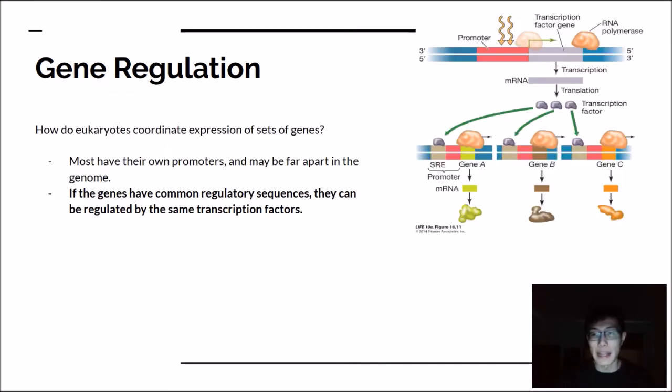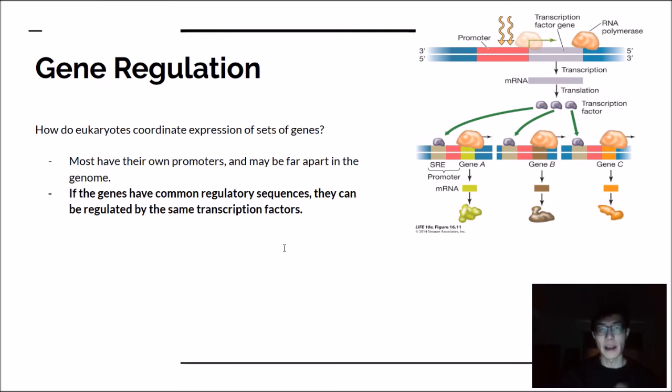So when we look at gene expression itself, a lot of genes can actually coordinate expression of different sets of genes. And that's very critical because most genes have their own promoters in eukaryotic cells, and they might be far apart in the genome. But if the genes have common regulatory sequences, they can be regulated by similar or if not the same transcription factors as shown over here.